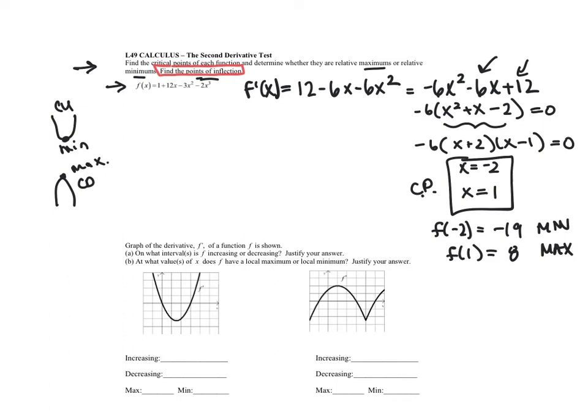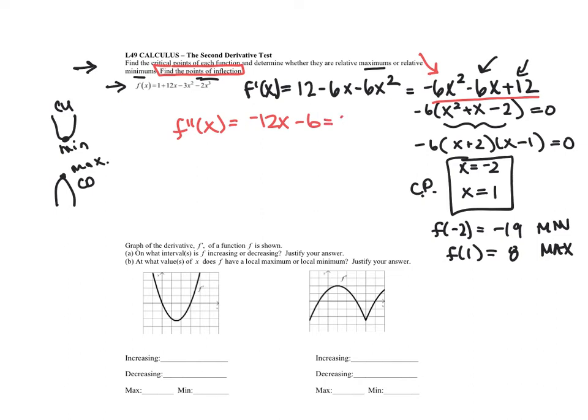The points of inflection, remember, is the second derivative being equal to 0. So I'm going to go back up to my first derivative, which is right there before I simplified. And I'm now going to take the derivative of that to get the second derivative. So this is my concavity test. Now I have negative 12x minus 6.